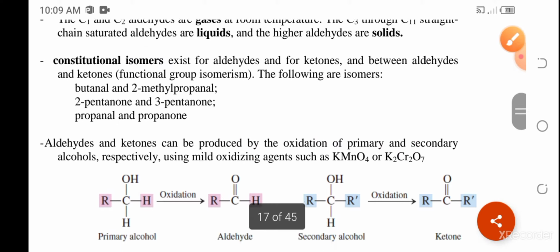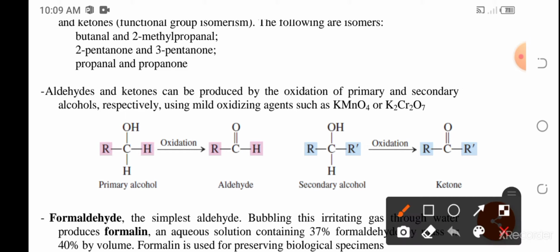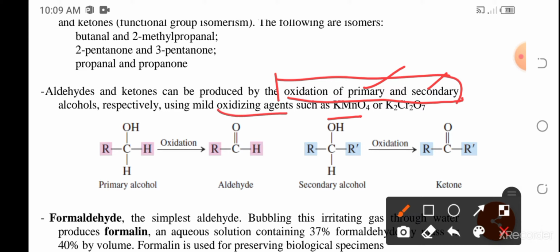Okay. Aldehydes and ketones can be produced from the oxidation of primary and secondary alcohols using an oxidizing agent known as potassium permanganate and potassium dichromate. Okay, so primary alcohol will be oxidized to an aldehyde.